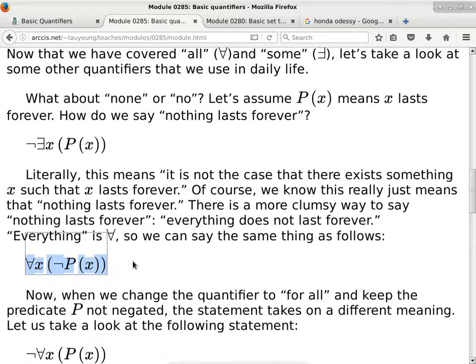Conceptually, just think about this a little bit. It is not true that there is at least one thing x such that P of x is true, as opposed to for everything that you can find in the universe, and we call it x, for each item x, P of x is false. Are these two saying exactly the same thing?